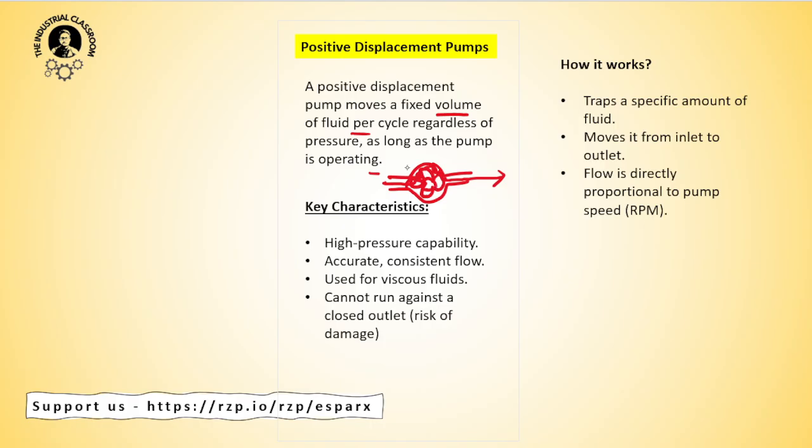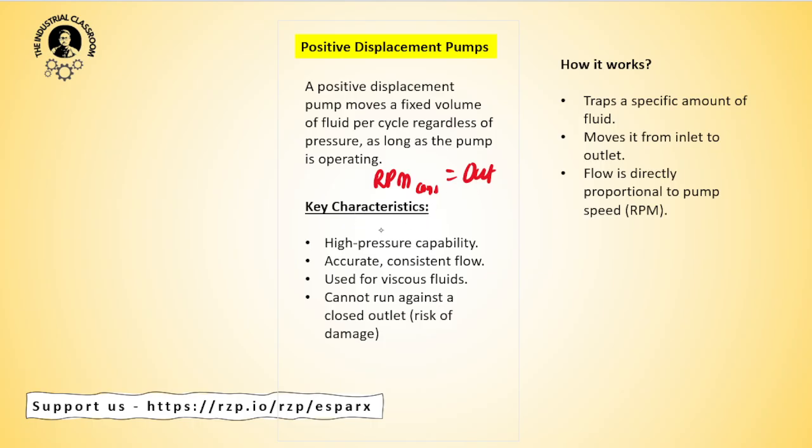With increased RPM, the wheel will rotate at a faster speed, it will trap the fluid at a faster speed, and also the output will be higher. So for positive displacement pump, we know that at constant RPM, the output will be constant.